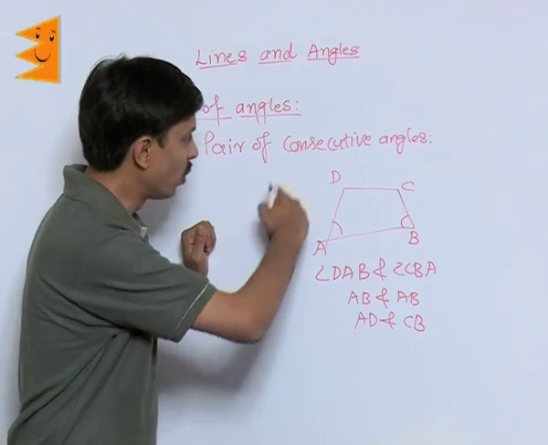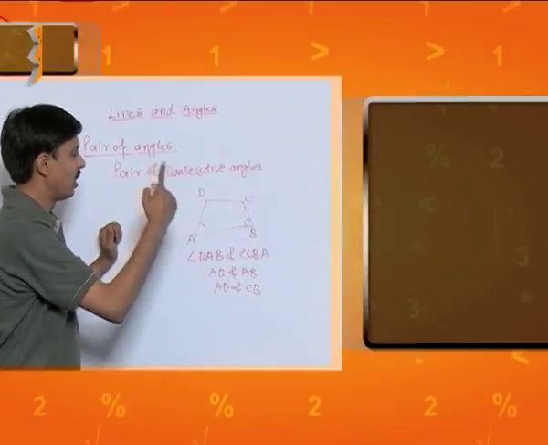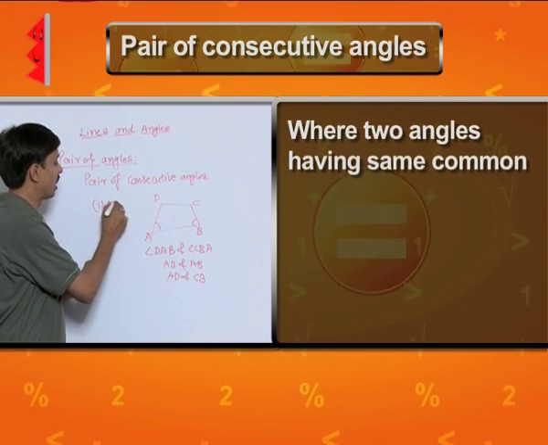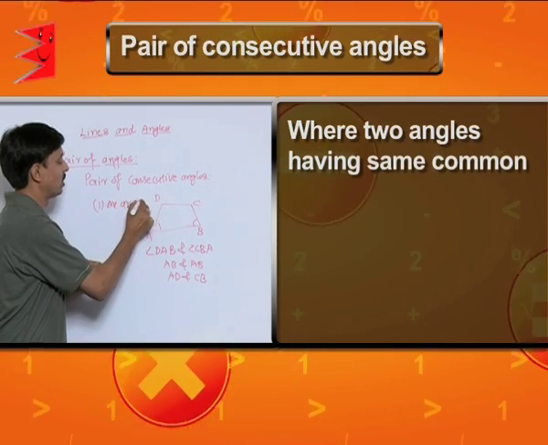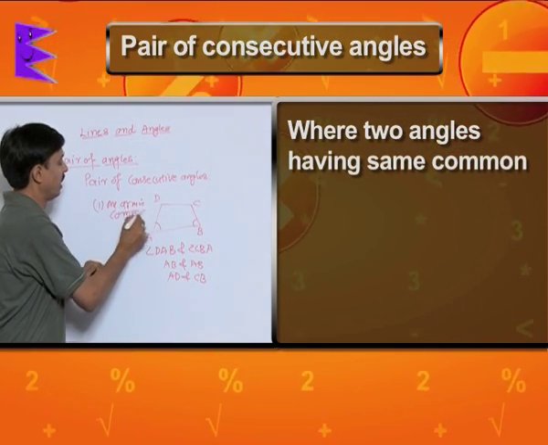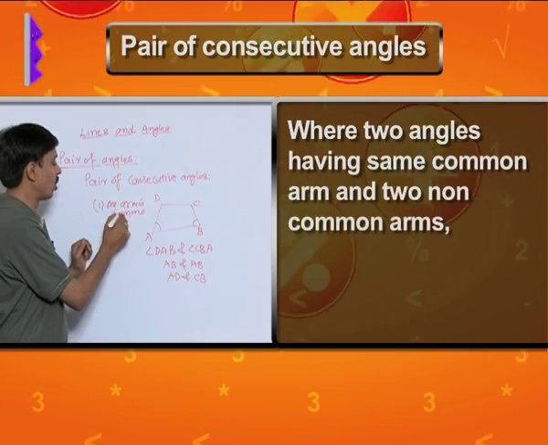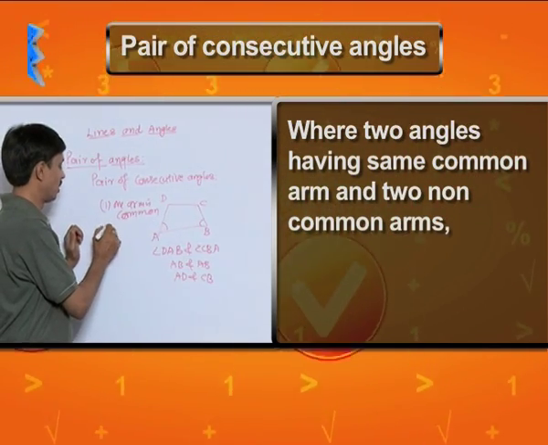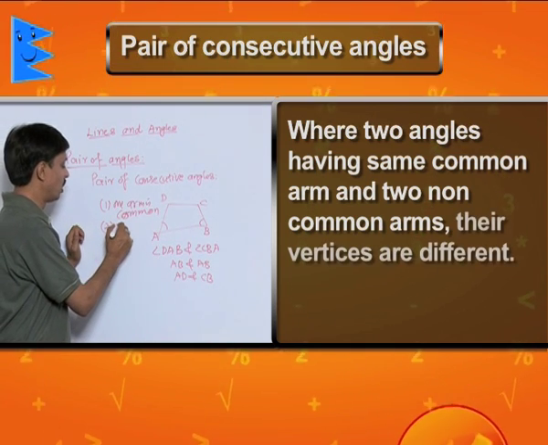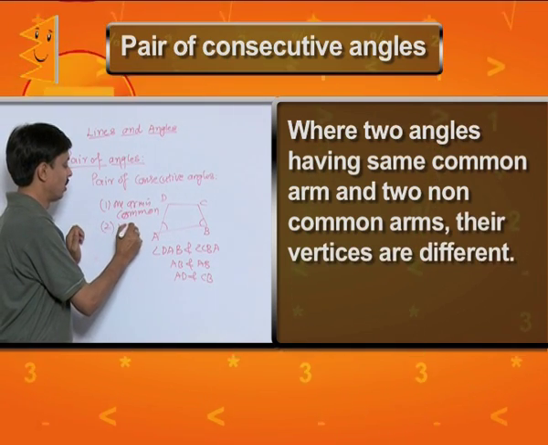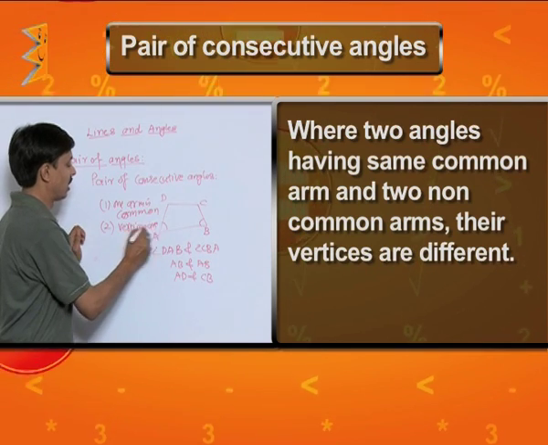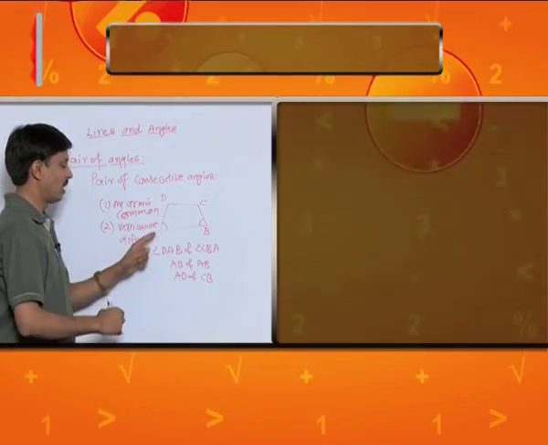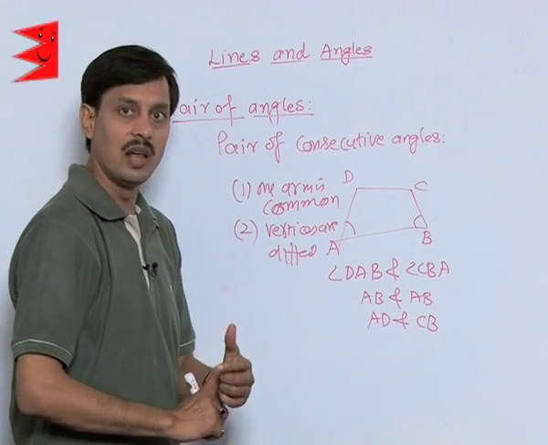So what can you say about the pair of adjacent angles? A pair of adjacent angles is where, first condition, one arm is common, and there are two non-common arms, one arm is common and the other two arms are non-common. And important is that their vertices are the same, as shown here in the example.